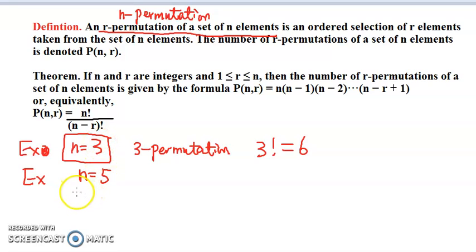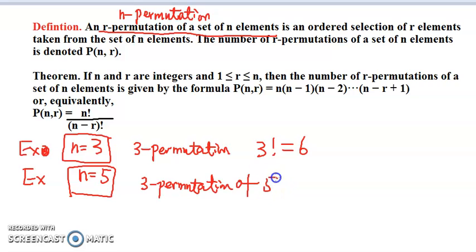But in the different case, I may have more people than the number of chairs, or more people than the number of presentations I need. So in that case, this is called a 3-permutation of 5 elements.